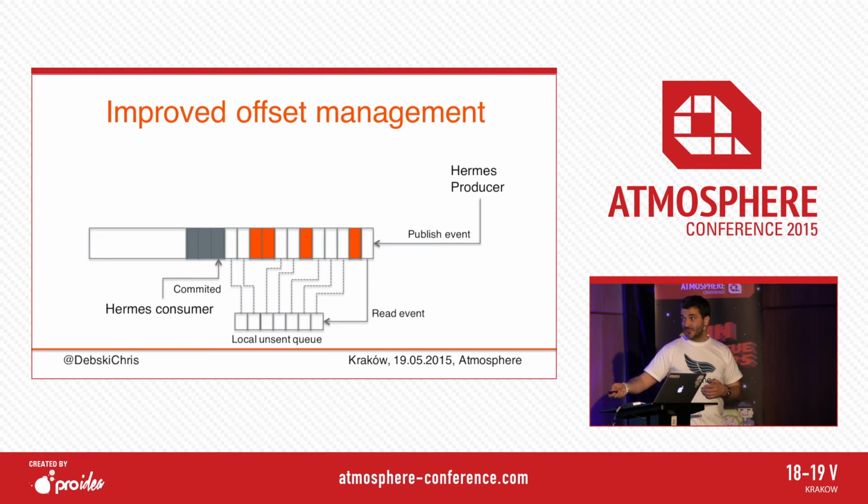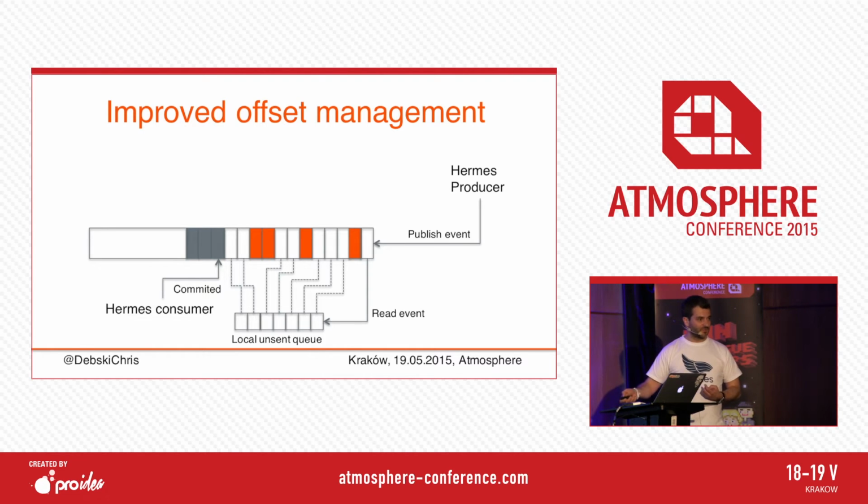In pure Kafka, we just commit the offset of the last event that was consumed correctly, and we cannot mark those as consumed. That's why we have an internal queue in the Hermes consumer, where we store all the events that weren't consumed properly by the subscriber, and we try to resend them. After we resend the oldest one, we shift the commit offset.